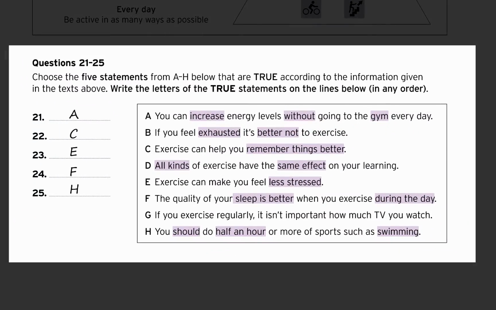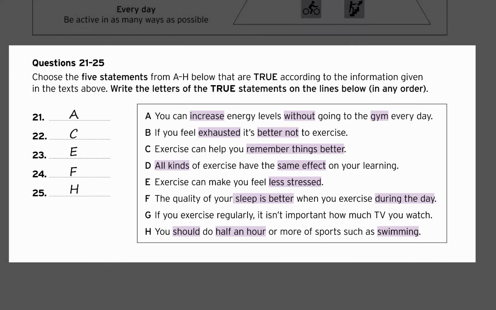Number 22, you can see we've already gone to C. So B, let's look at B because B is wrong. If you feel exhausted, it's better not to exercise. So B is wrong. Why?